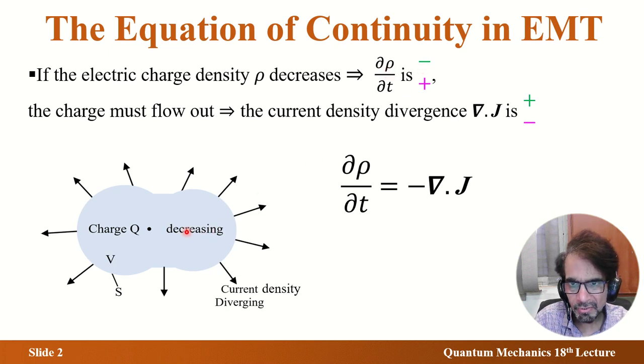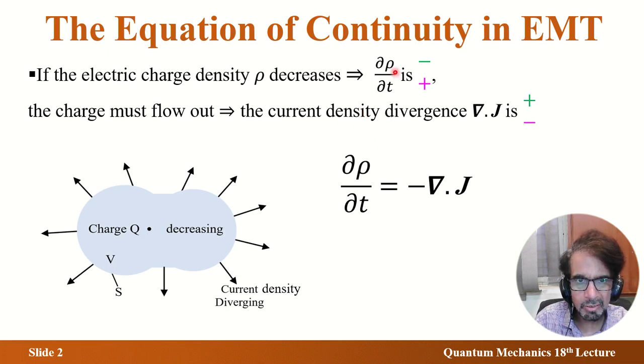Then electric current density diverges out, that means the divergence of electric current density is positive. The first quantity is negative and the second is positive, and the net is zero, or you can say they are negative of each other.